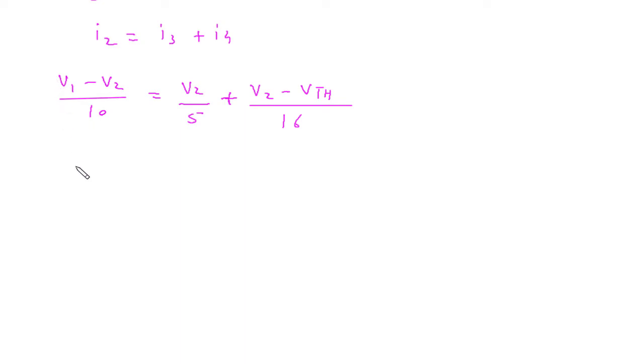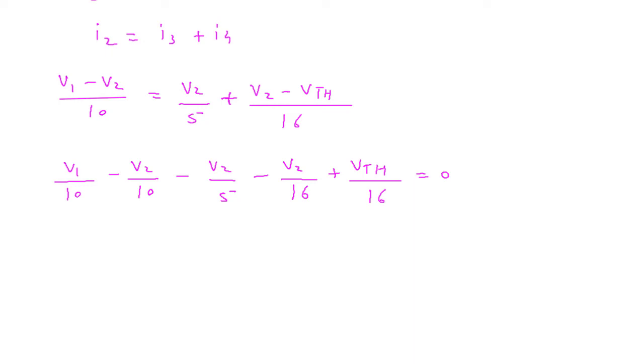So this will be V1 by 10, then minus V2 by 10, minus V2 by 5, then minus V2 by 16, then plus VTh by 16 is equal to 0.